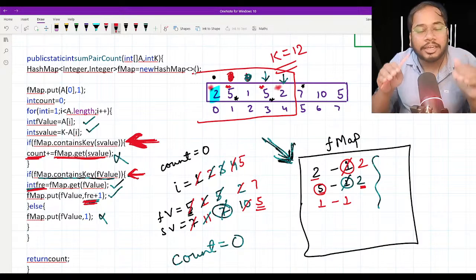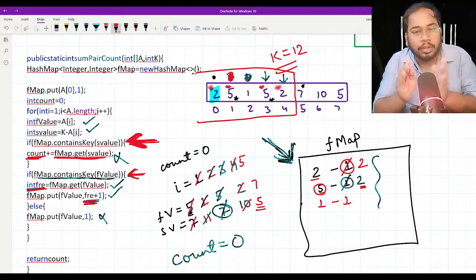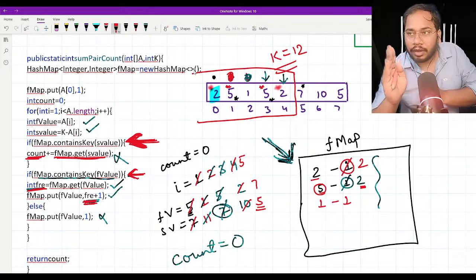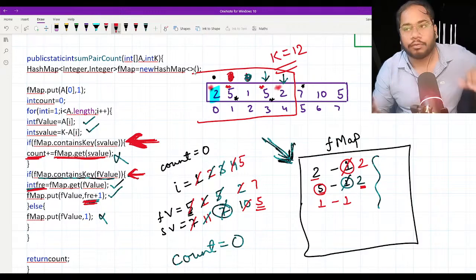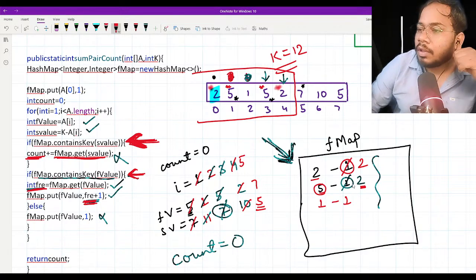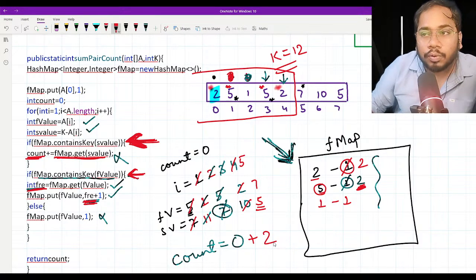In the hash map, if we have come to 7, then all the previous values we have already put in the hash map. So it will be incremented by 2.